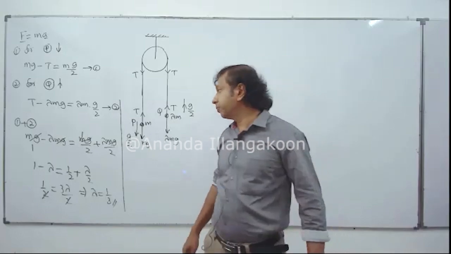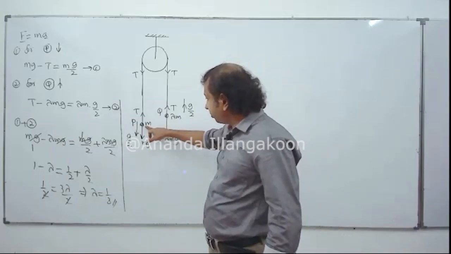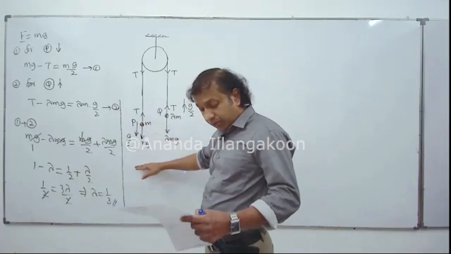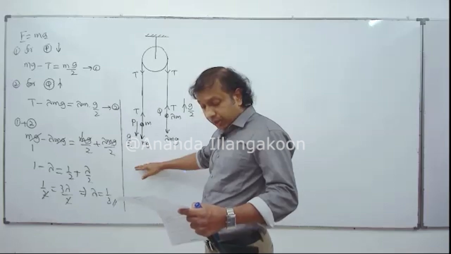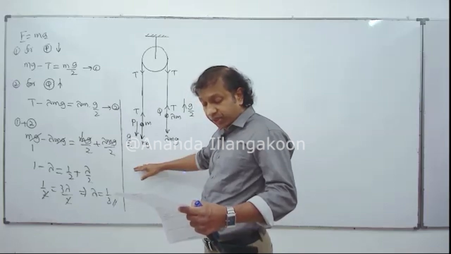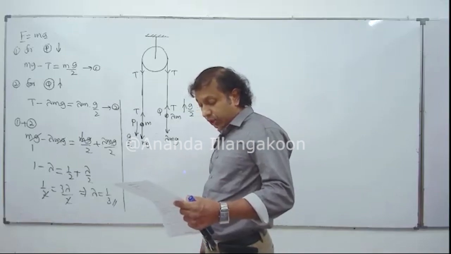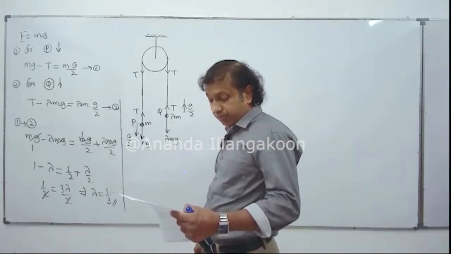Particle P comes right down and strikes a horizontal inelastic floor with speed V, and Q never reaches the pulley.